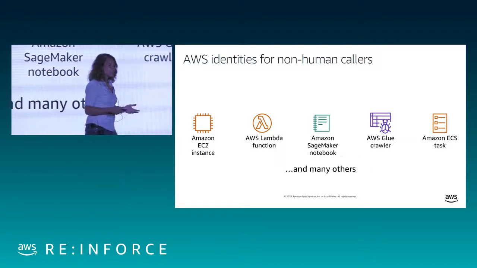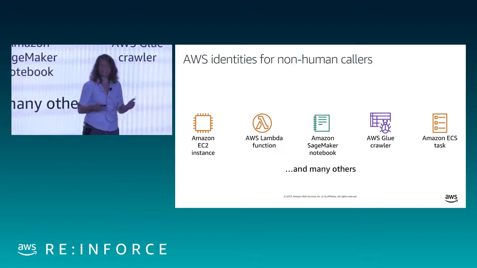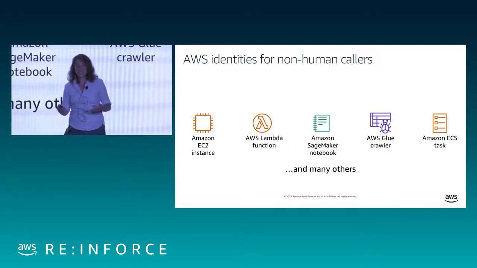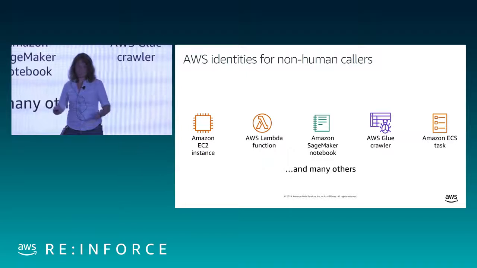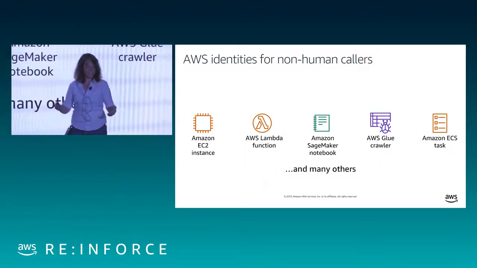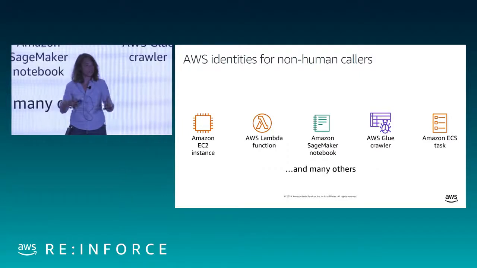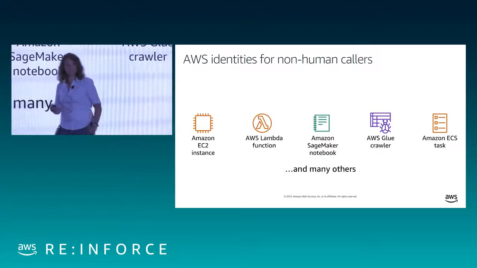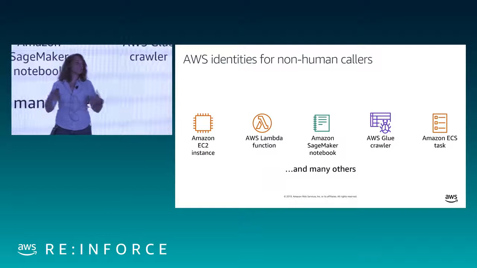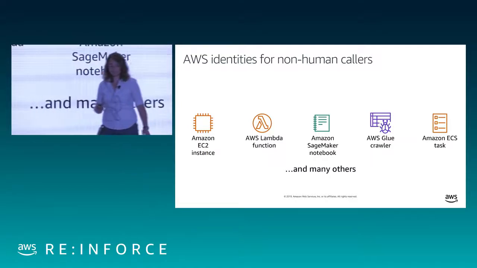Nearly everything you do is going to be making API calls against AWS services, and is going to need an identity to be authenticated as to make these calls. So that's another kind of identity in AWS. Also an IAM role, also an IAM principal, but an identity for non-human applications.